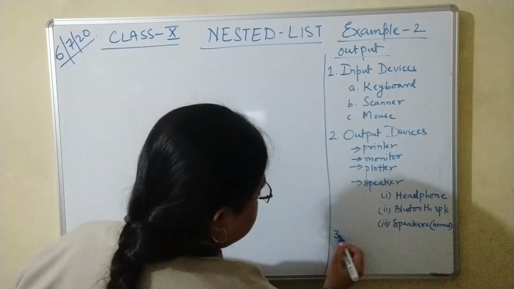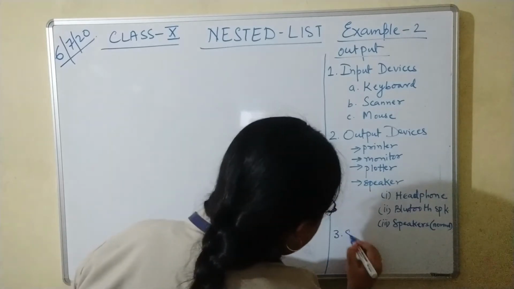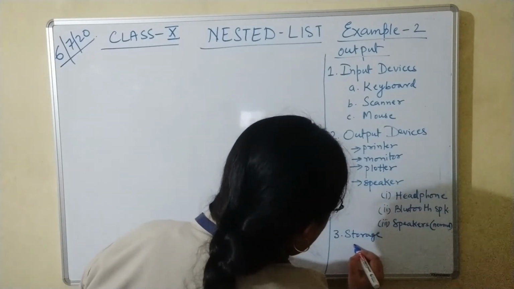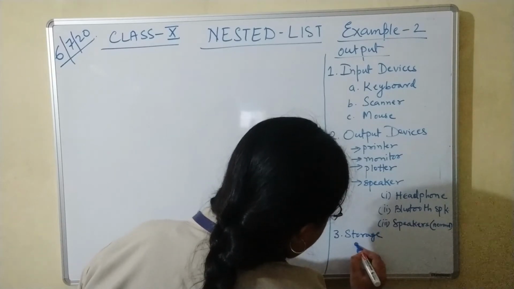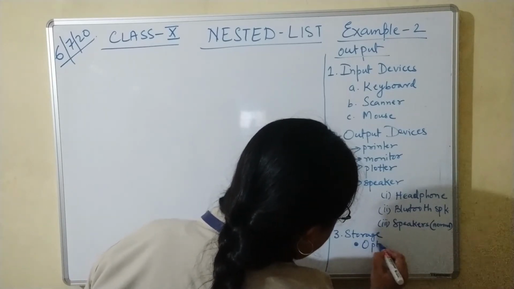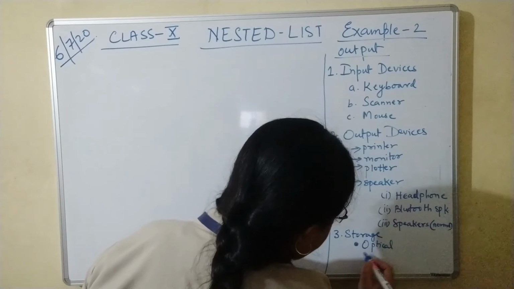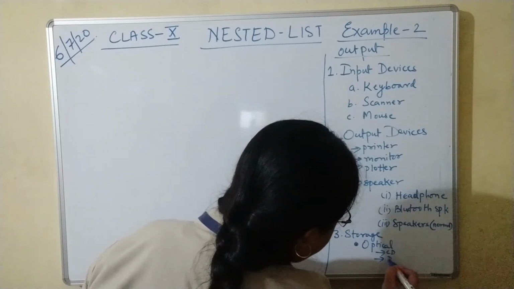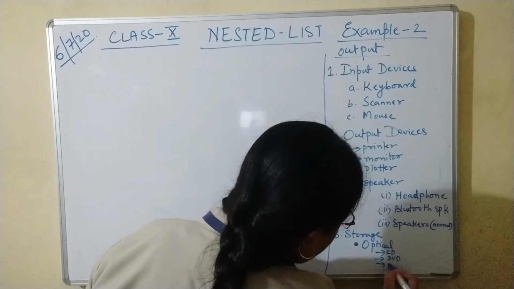And I'll have a third device also, storage. Within storage, I am having a bullet, optical drives, and within optical I am going to have CD, DVD, and Blu-ray disc.